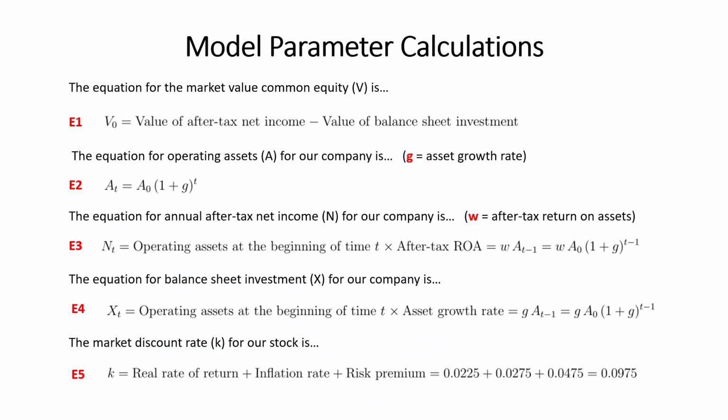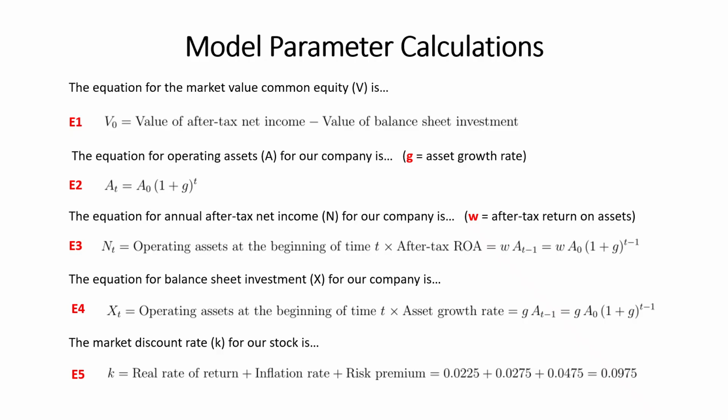So now we're going to take a look at some model parameter calculations. A lot of these are going to look very similar to the perpetual bond case, but there are going to be some differences. E1 is basically the value of common stock. Now this will be the value of all common stock, not on a per share basis, but just all shares outstanding.